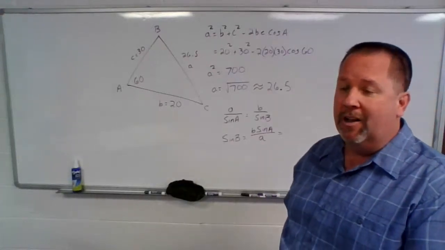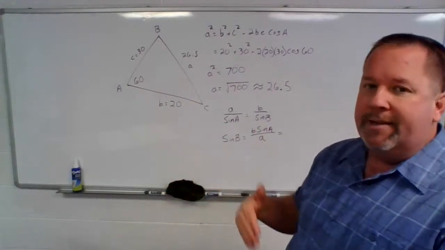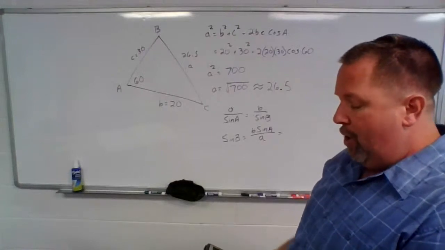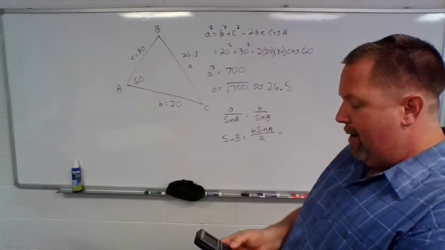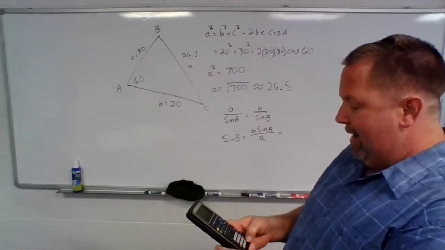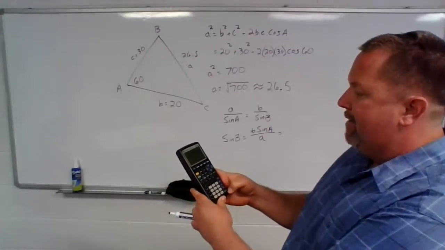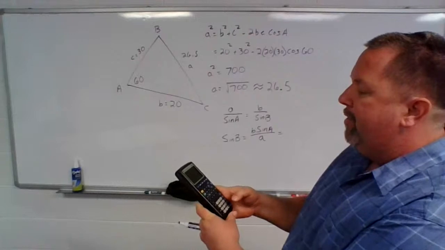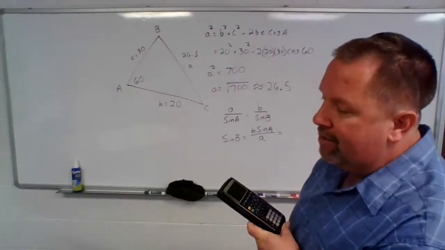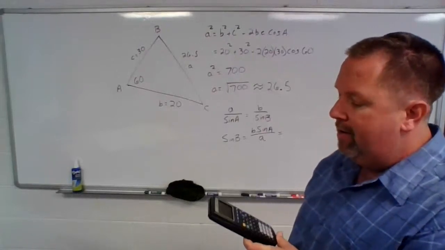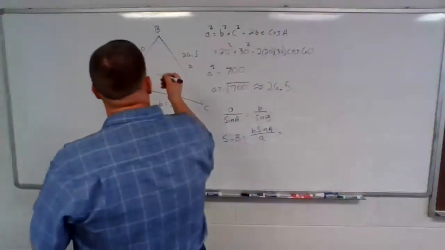I care about what the angle is. So I need to go backwards. If I know the sine, what's the angle? That's arc sine. So I'm going to do that second sine. Now, if I hit second and answer, which is right above the negative sign, it's going to do the arc sine of the last answer. I come up with 40.81 degrees. They usually ask us to round off angles to the nearest whole angle. So that would be 41 degrees for angle B.